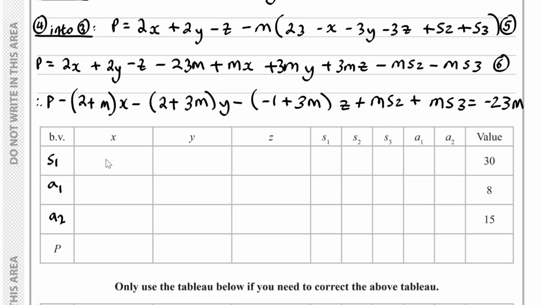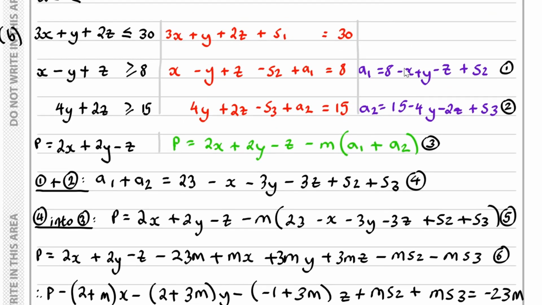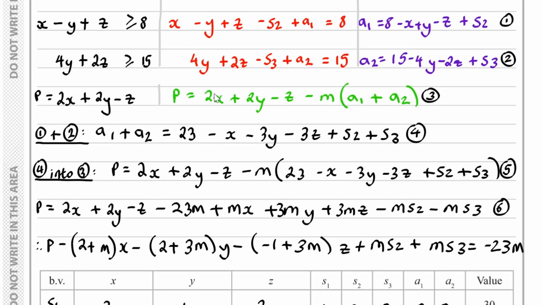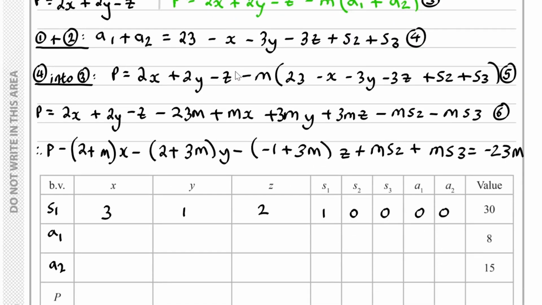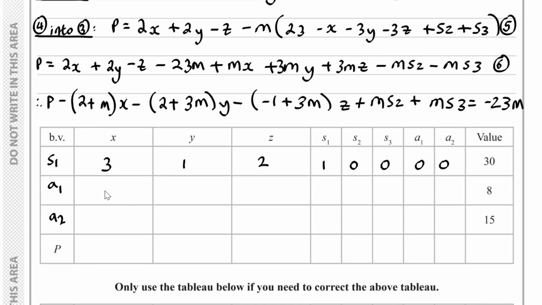So we have 3, 1, 2, 1, and here we have zeros. And next, for these other equations, these other two, in red, we have here 1, minus 1, 1, 0, minus 1, 0, 1, 0, and the 8.